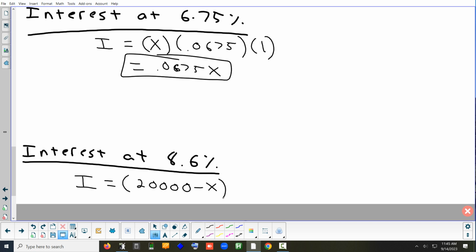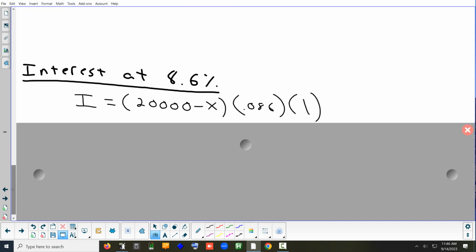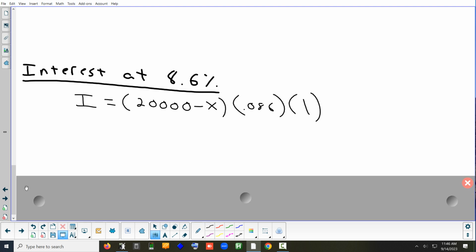He already invested X dollars. He has a total of 20,000. So 20,000 minus X is what he has left. Okay. What's my rate in the 8.6%? Yep. 0.086. And the time, again, is the same. It's 1 year. So this one, we have a little bit more work to clean it up.